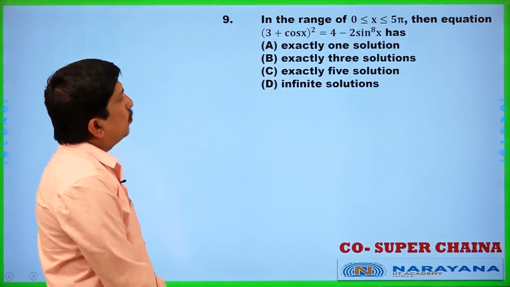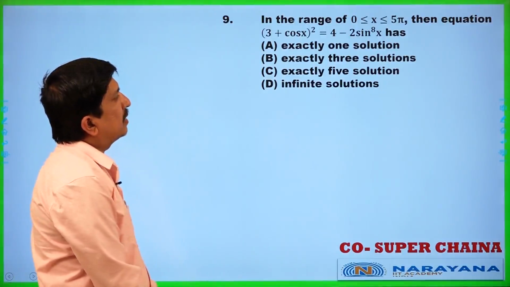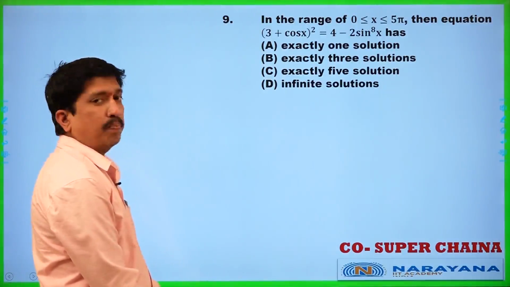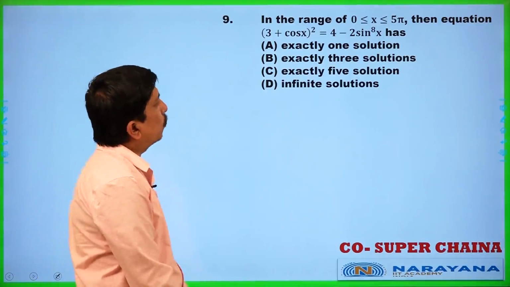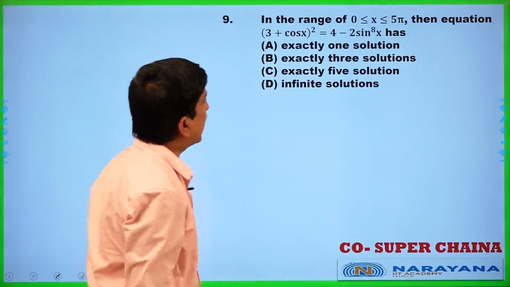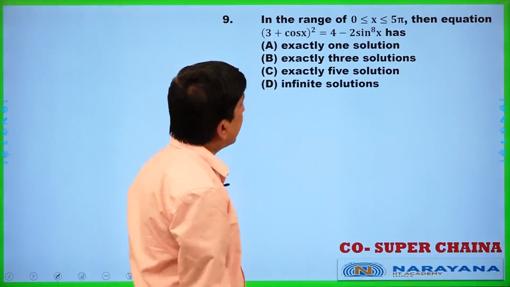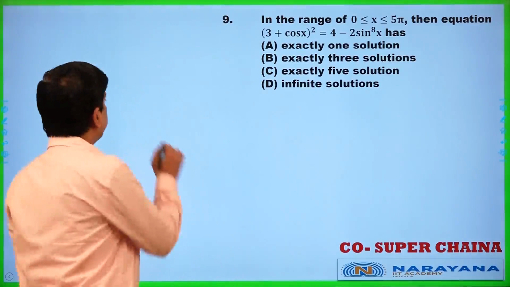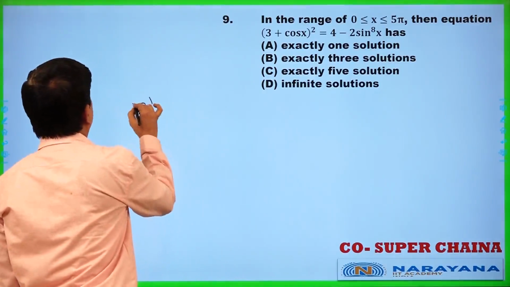In the range 0 less than or equal to x less than or equal to 5 pi, the equation (3 plus cos x) whole square equal to 4 minus 2 sin power 8x has exactly 1 solution, exactly 3 solutions, exactly 5 solutions, or infinite solutions. Now, observe this one.